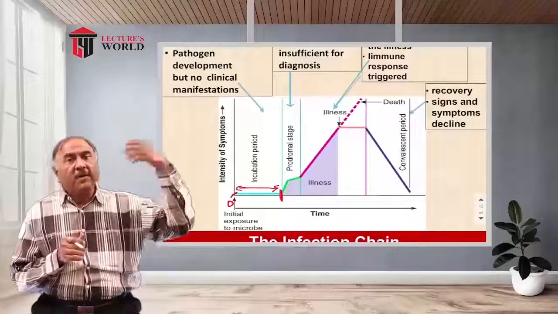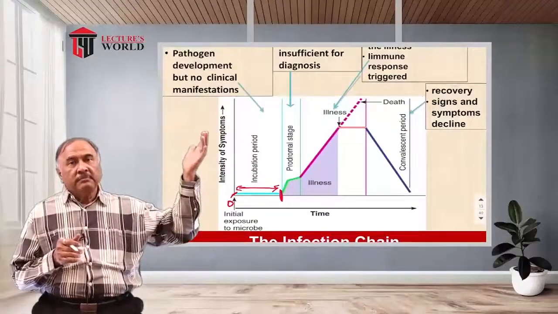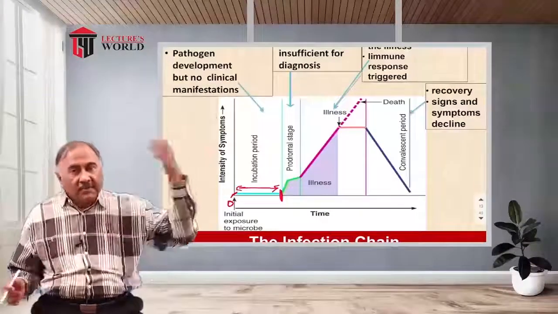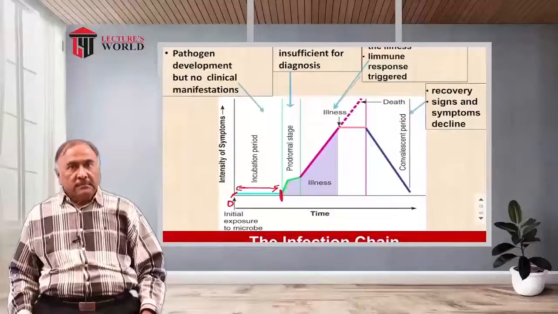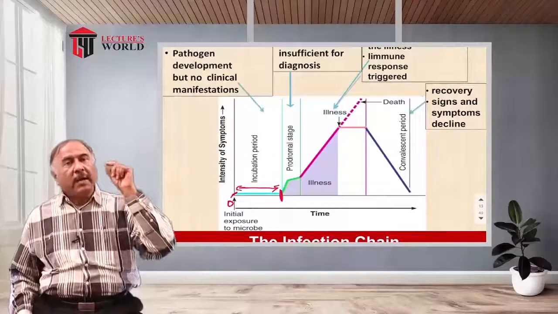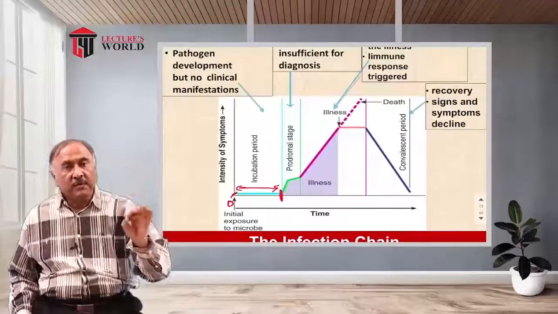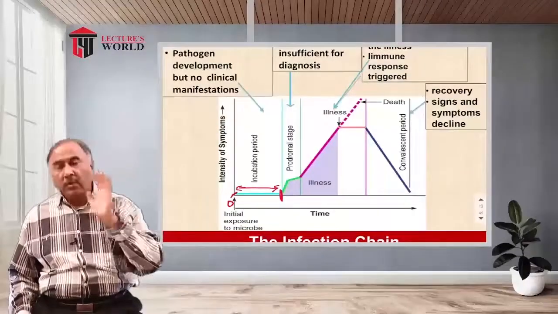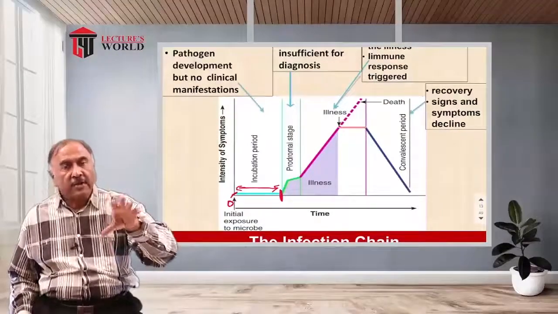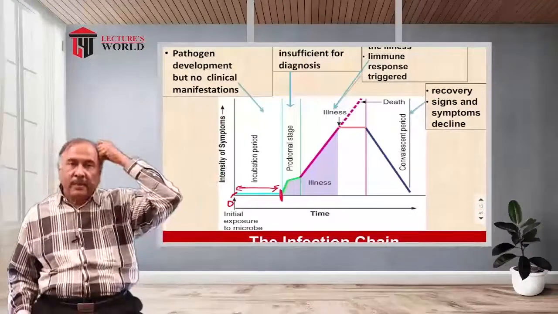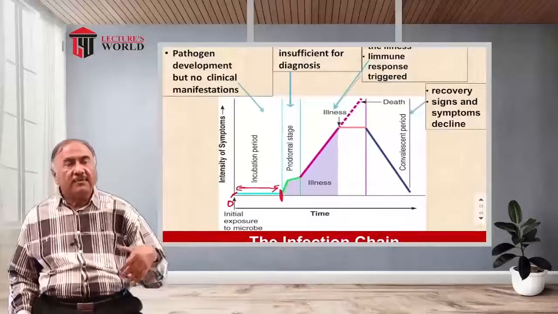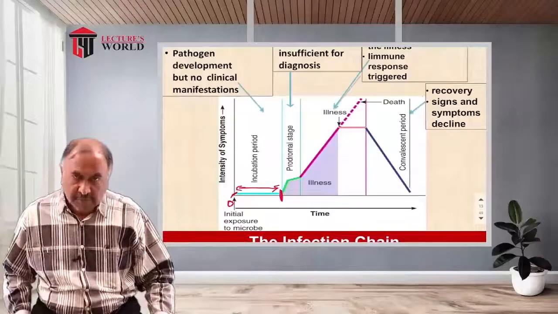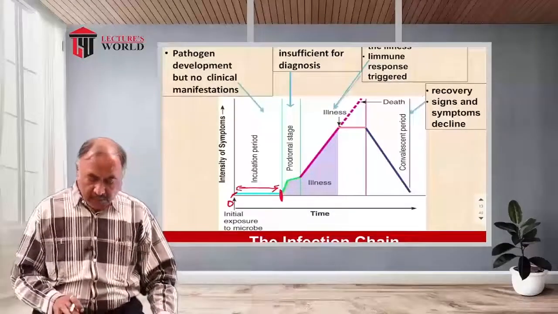The organism might have entered, probably in some cases years back or months earlier, and it has been able to survive and establish itself in the host's body for so many months. And when it is establishing, naturally it is evading the host immune system. It is evading the phagocytosis, it is evading the cell-mediated immune response, and so on. So that is what we call incubation period.